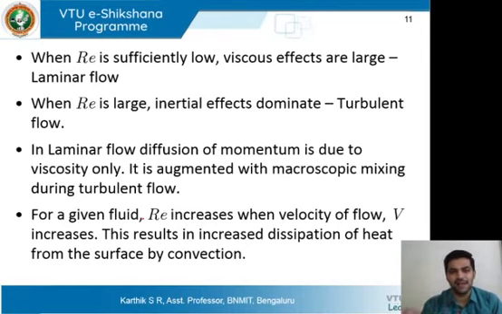So a high velocity of flow will lead to an improved dissipation of heat or convective heat transfer. A high value of Reynolds number indirectly gives you an impression that the heat dissipation rate is high. So we can conclude that high Reynolds numbers indicate that the dissipation of heat due to convection or advection of the fluid is very high.